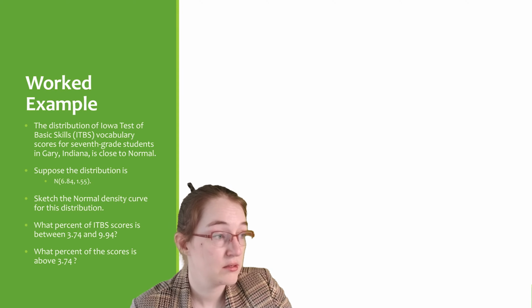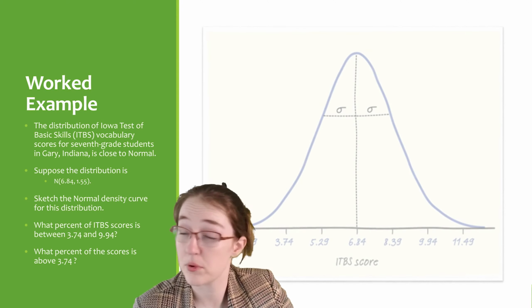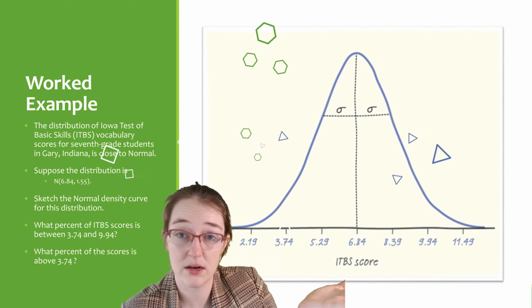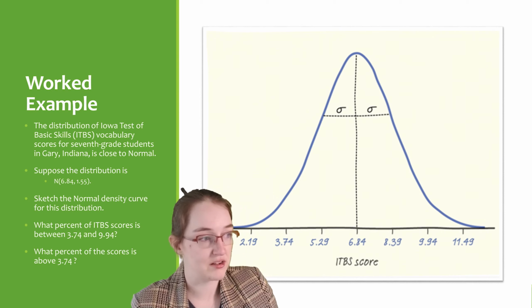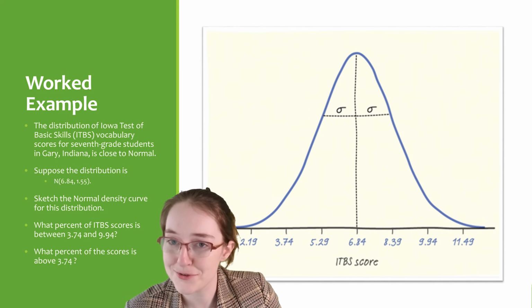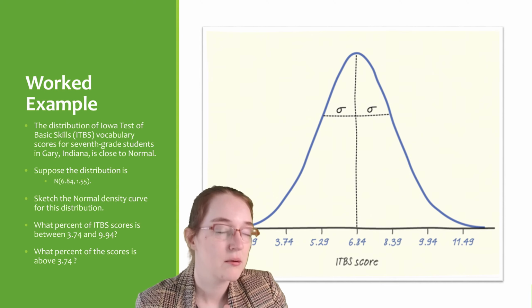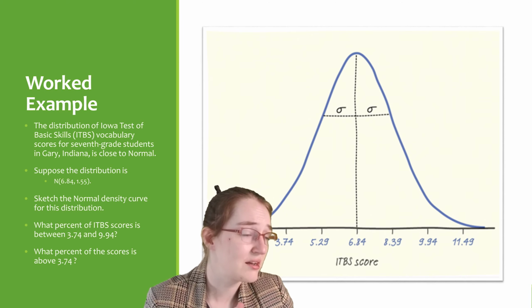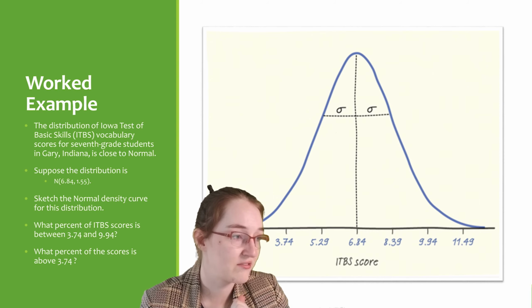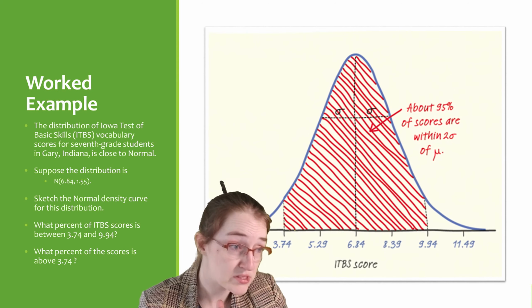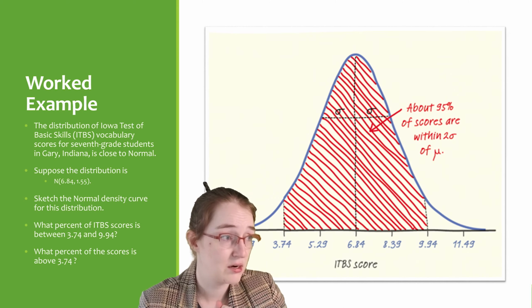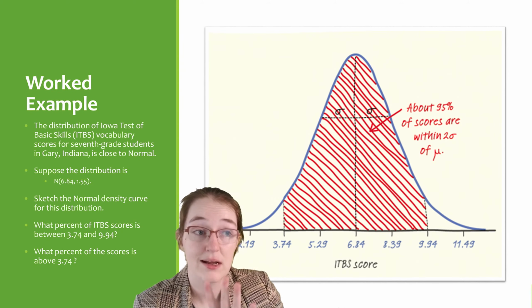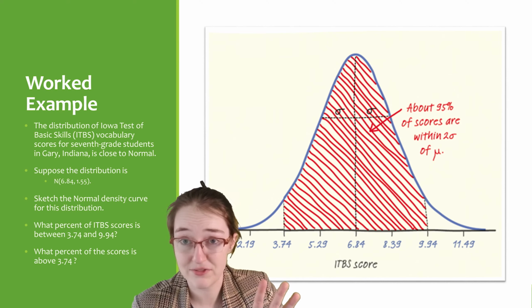We can sketch the normal density curve for this distribution as I have done here. Now ask yourself, what percentage of those scores fall between 3.74 and 9.94? And then what percentage of the scores are above 5.23? You can pause here and do the exercise for yourself.